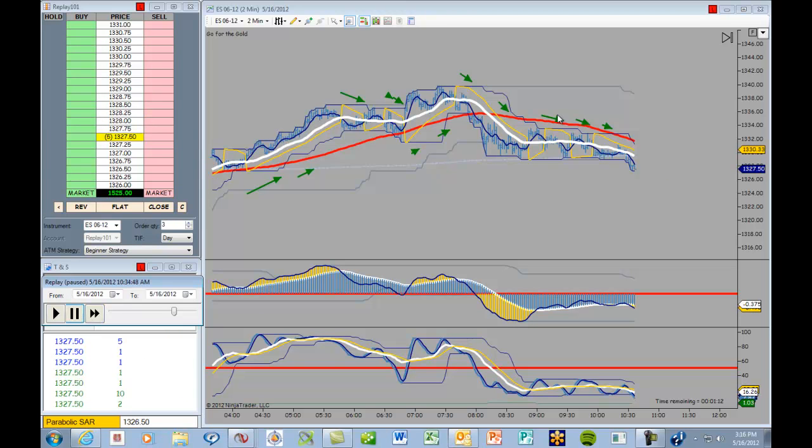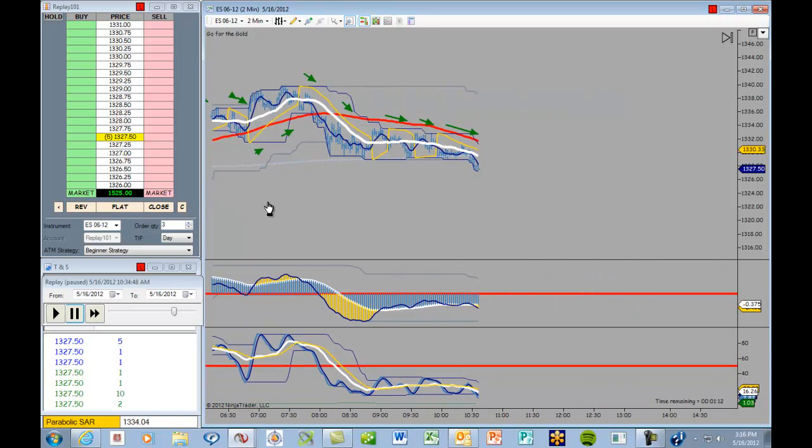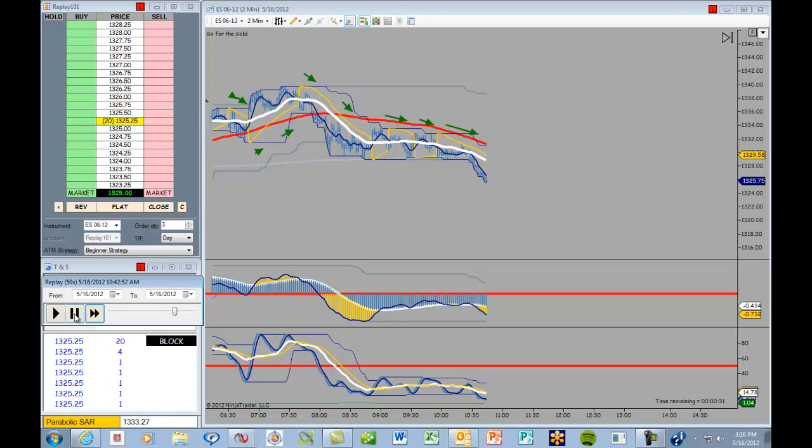Okay, let's pause. Okay, we got a bullish cross on the parabolic.